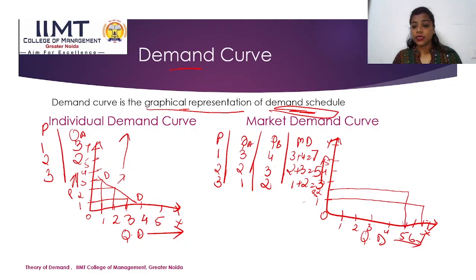And at 3 it is 3. So we'll be joining these points. This is our demand curve and we'll name it D. So this will be our market demand curve.